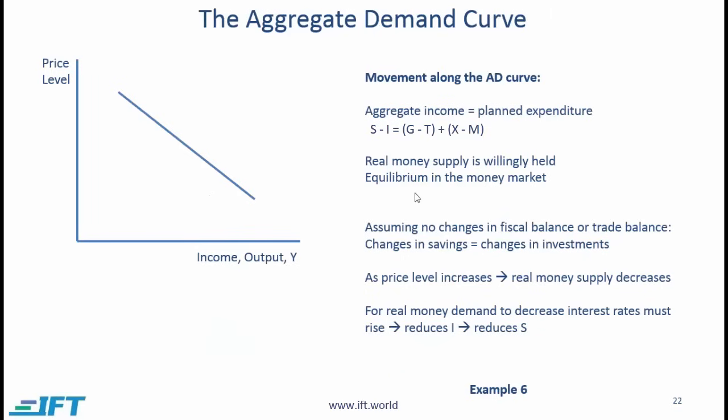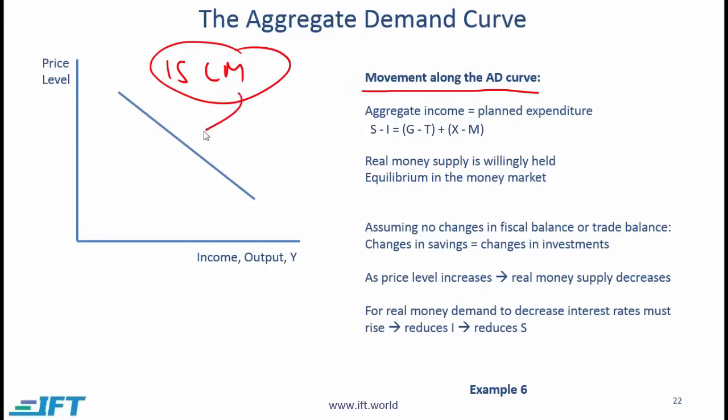On this slide, we will talk about movements along the aggregate demand curve. We've already discussed the IS curve and the LM curve. Actually, it's called the IS-LM model, and we have derived the aggregate demand curve. Notice that when we move along the aggregate demand curve, two conditions must hold.